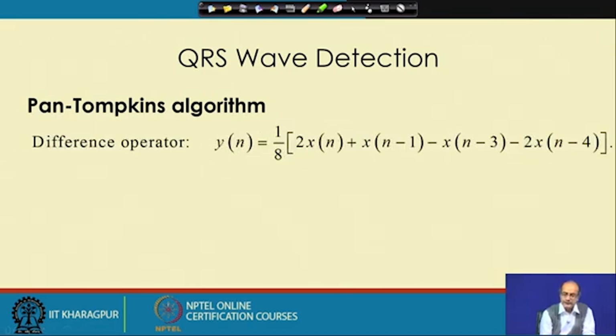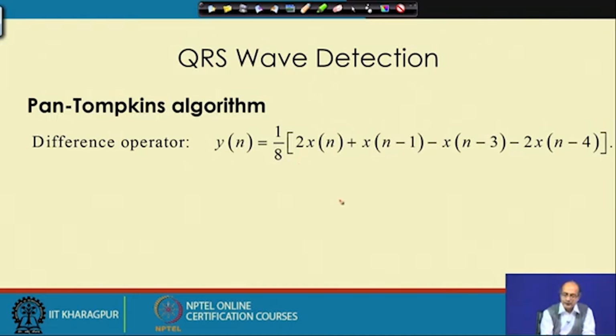Now, let us look at the corresponding difference operator. For the Pan-Tompkins algorithm, they have a little more elaborate difference operator, a weighted difference operator. Some of the weights are 2, some of them are 1, and for averaging 1/8 is taken.